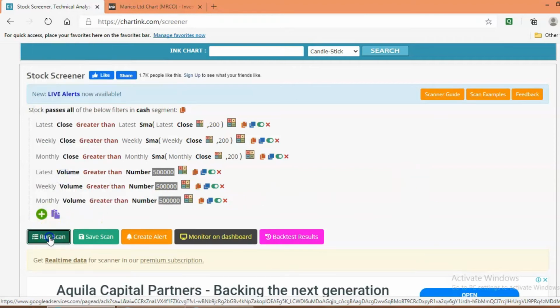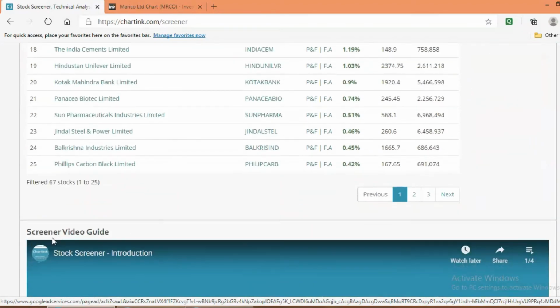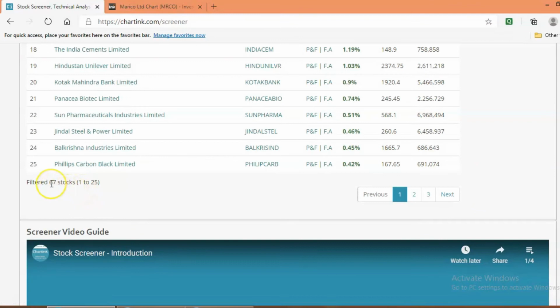Let's run this scan again. See how much time it took, friends? Hardly 2 minutes. When I ran this filter using daily 200 SMA, we got somewhere around 1600 stocks. And when I added further filters using weekly and monthly basis, we are left with only 67 stocks.